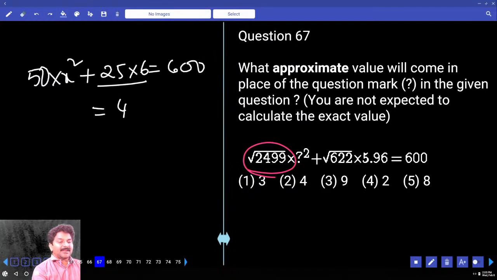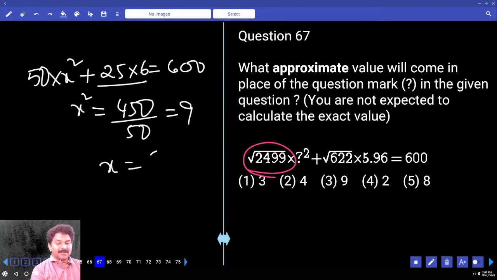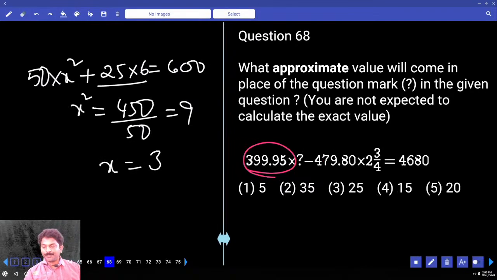Goes to right hand side. 450. Then x square is equal to by 50. How much is this? 9. X is equal to... negative number. Take this number to right hand side.